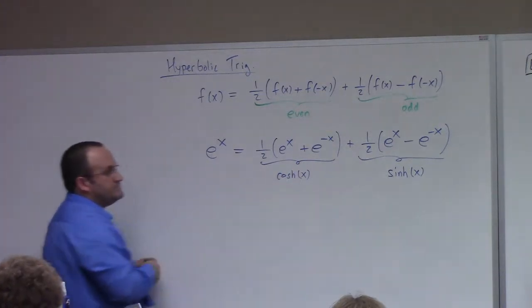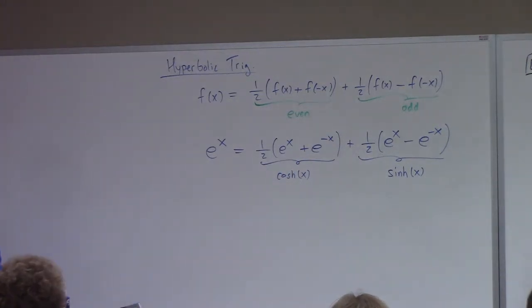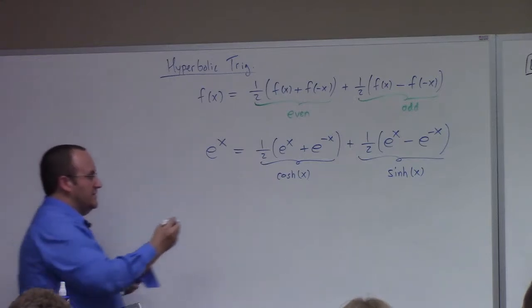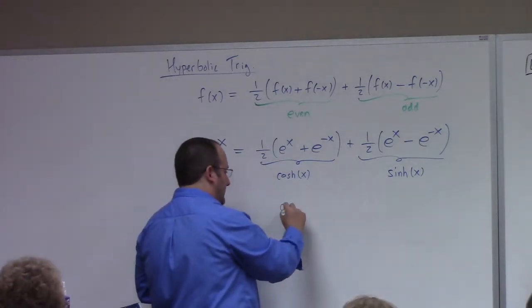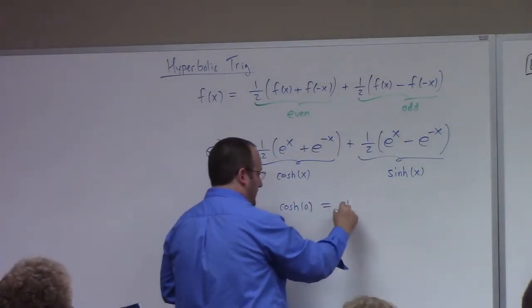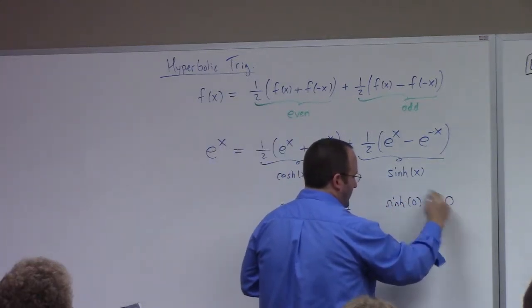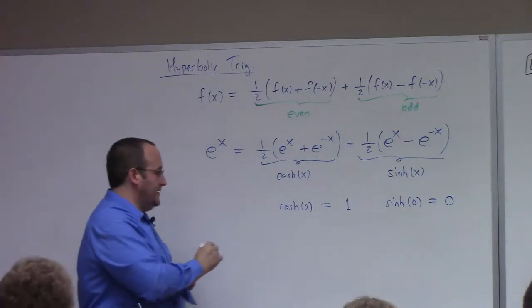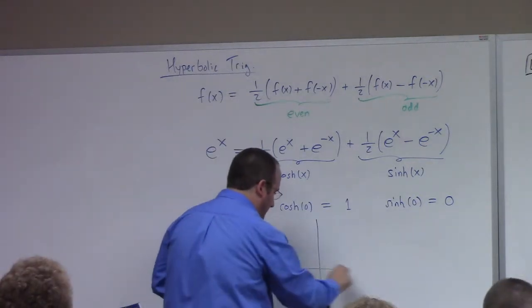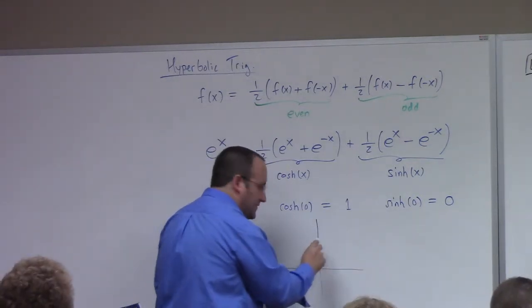So it's quite beautiful, this idea. I mean, so cosh of 0 is what? 1. Sinh of 0. 0, right? And cosh, basically, the smallest it ever gets is 1.